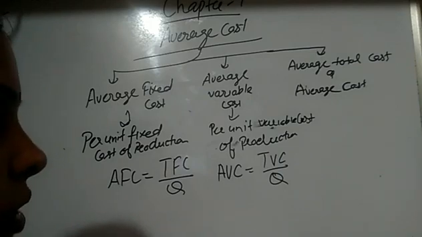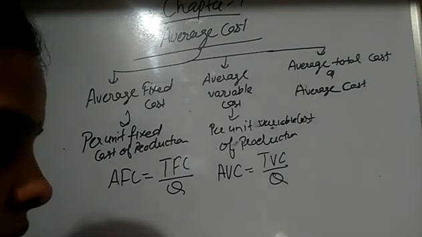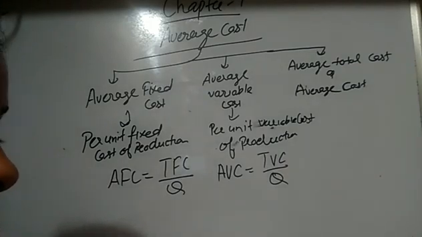Now come to the total cost. Average total cost or average cost refers to per unit total cost of production.